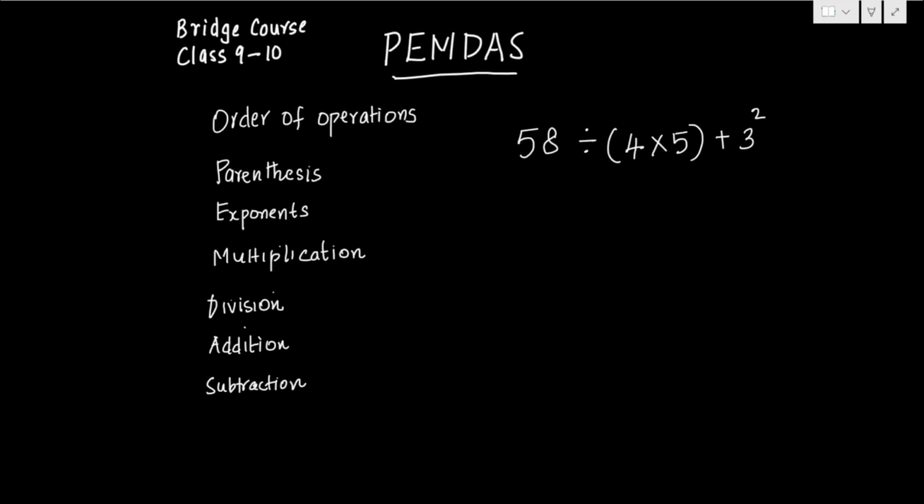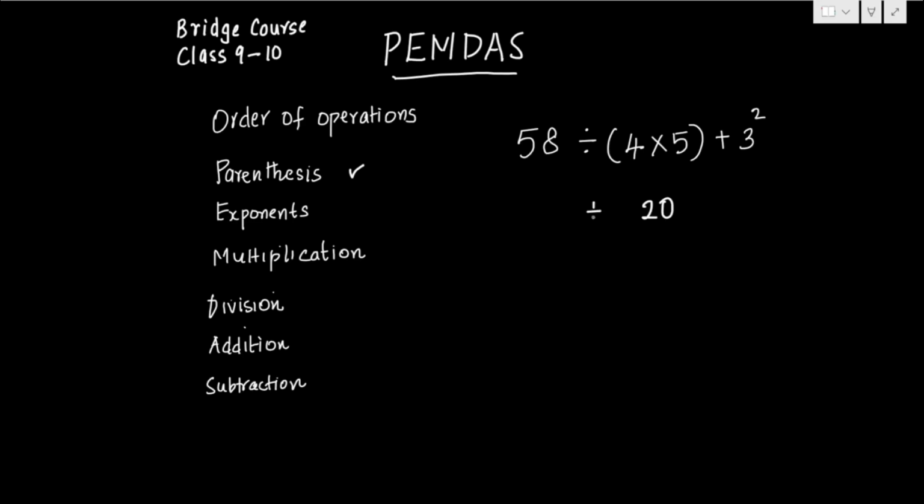If you take this example here, first you look at parenthesis. What is parenthesis? So these are the brackets. 4 into 5 is 20 within parenthesis. So let us solve that first, 20. So I can now remove the parenthesis because I've simplified whatever is inside the parenthesis. Next, I look at exponents.